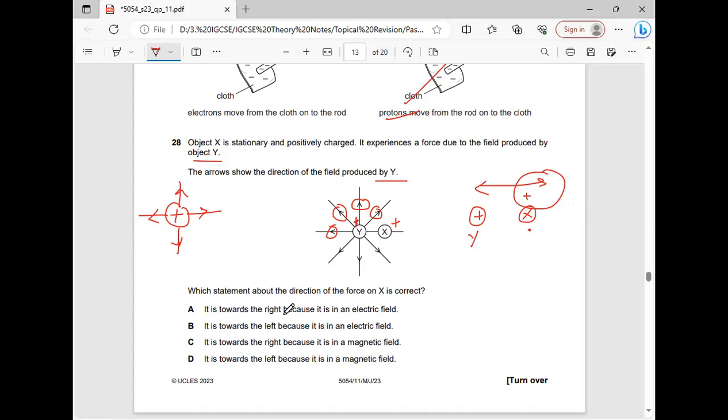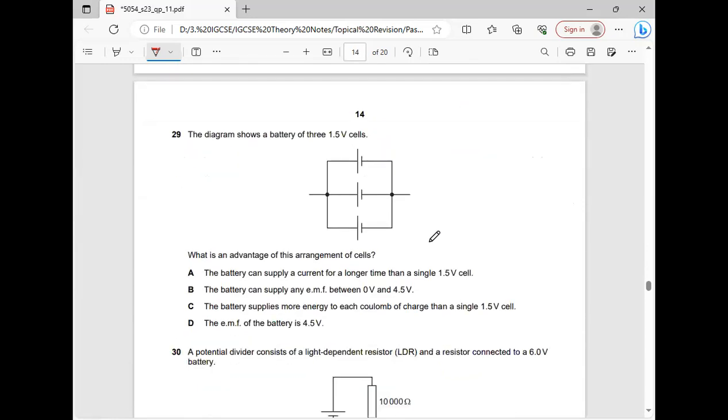Towards the right side, because it is an electric field. Yes, the answer is straightaway there. Towards the left side? No. Magnetic field is not there; a magnetic field is related with a magnet. So option A is the correct answer.